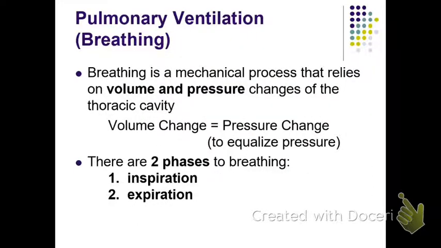So the first step is pulmonary ventilation, but before I explain this slide, I want to talk about the 2 zones within the respiratory system, and those are the respiratory zones and the conducting zones.